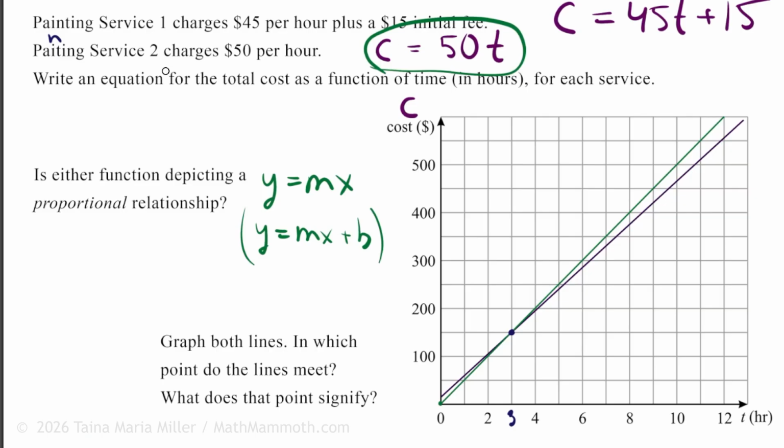For painting service 1, for 3 hours, if we put 3 into this equation, 3 times 45, that's 135, plus this initial fee, 15, so that's 150. So that is the point where the cost is the same for either service. 3 hours costs $150 no matter which service you use. That's the meaning of that point where the lines intersect.